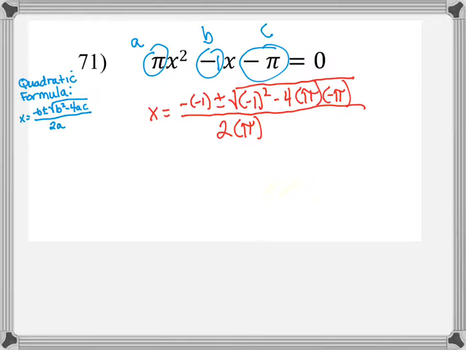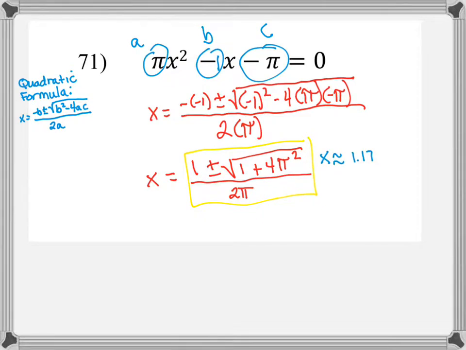Let's simplify. x equals 1 plus or minus the square root of 1 plus 4 pi squared, all over 2 pi. Now, what's underneath the radical can't be square rooted, or at least not easily simplified. So this is our solution.